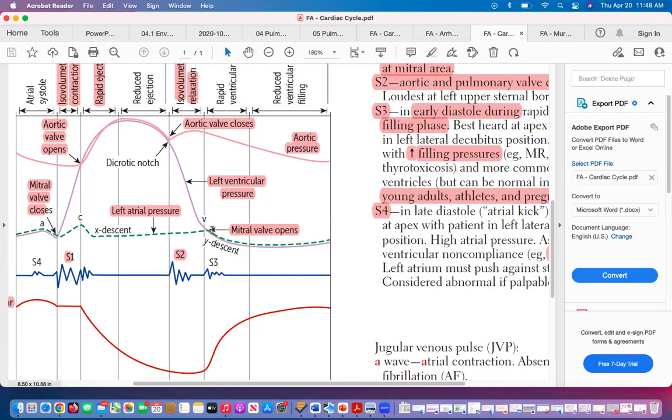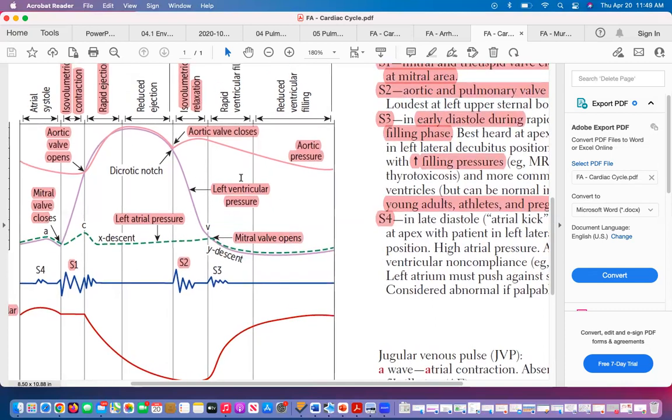And the moment that the mitral valve opens, now the blood is able to come into the ventricle, and we see that the volume of the left ventricle is going up. So the blood volume is going up, and the curve goes up.